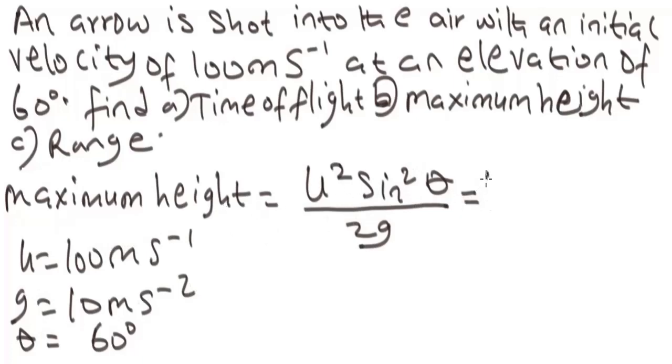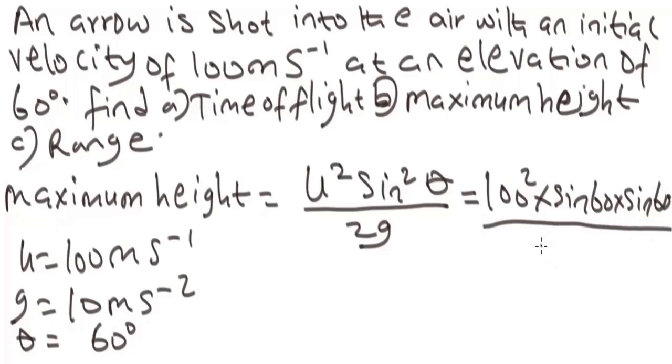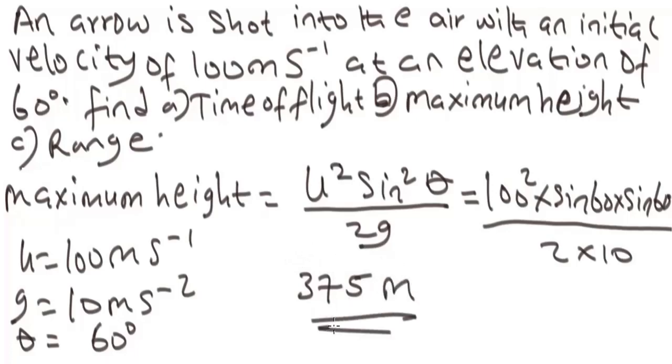If you substitute them, we're going to have 100 square times sine square theta, which means you should multiply sine theta two times, so times sine 60 times sine 60, over 2 times 10. Let me simplify this in the calculator. I have it to be 375. Since we're talking about height, the unit needs to be meters. This will be the maximum height.